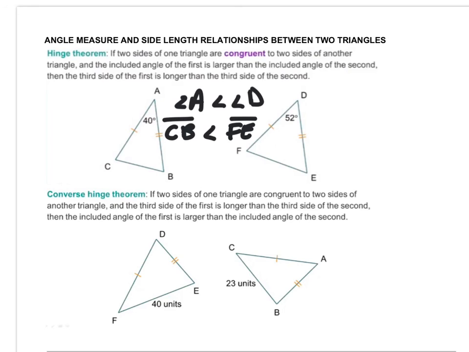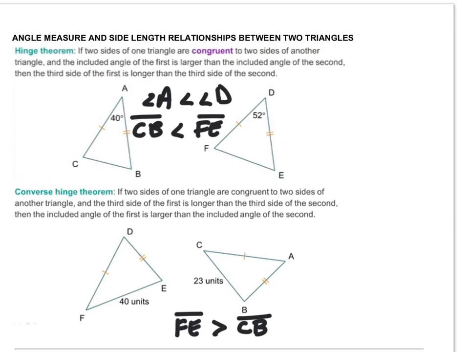The converse is that if FE is larger than CB, then that tells me angle D is going to be larger than angle A.